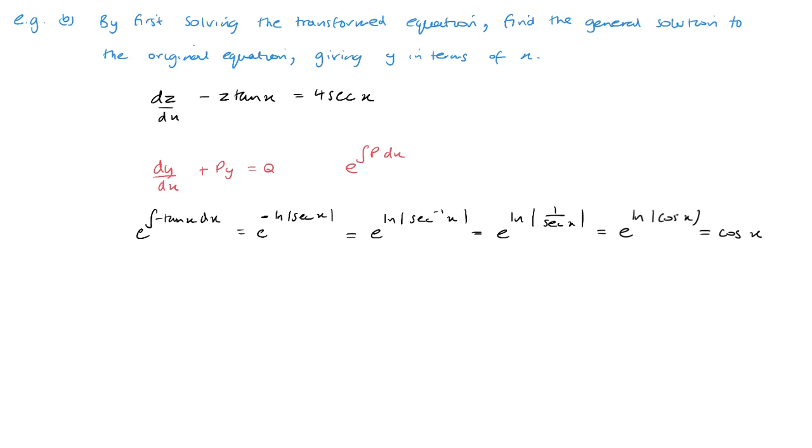Multiplying through by cos x, I get cos x dz by dx minus z sine x, equals 4, because the sec x times cos x will be just 1 and cancel itself out.